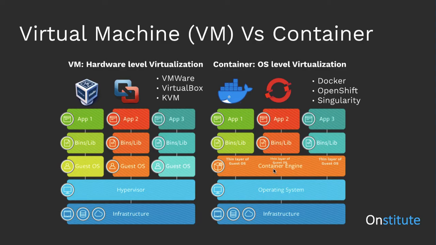Now, on top of this container engine, it is possible to install a thin layer of guest operating system. For example, you can think of installing a thin layer of Ubuntu guest operating system on top of a Windows 10 host operating system. Or you can think of installing a Windows 10 guest operating system's thin layer on top of the Mac host operating system.